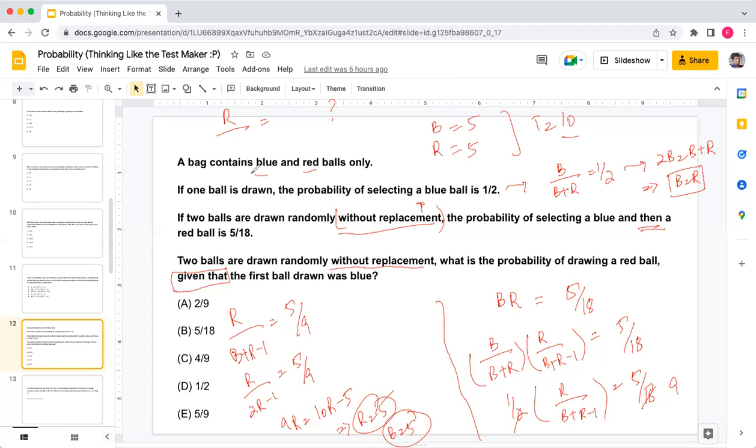Now, to draw the red ball, the total will be 10 minus 1, and R is equal to 5, because the ball already drawn is blue. So the probability is 5 over total minus 1, which is 5 by 9.